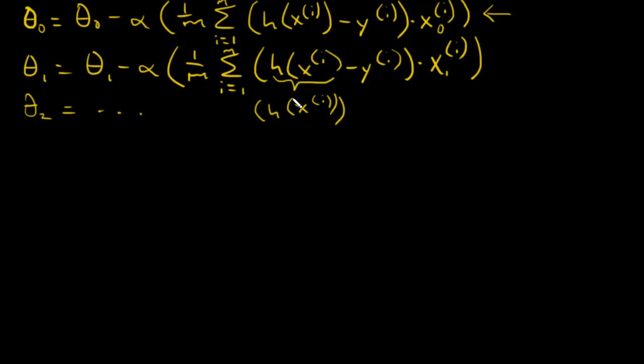Instead, what you have to do is change these values into temp values. Temp 0. Let me write that out. I definitely have theta on my brain. Let me try that again.